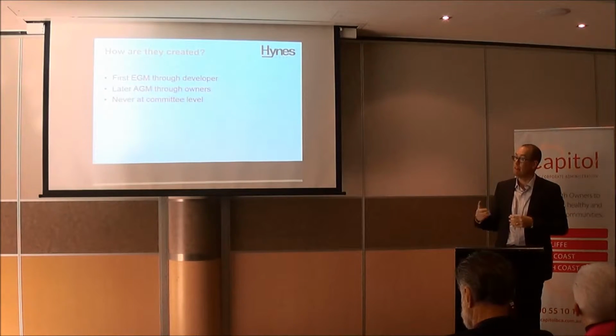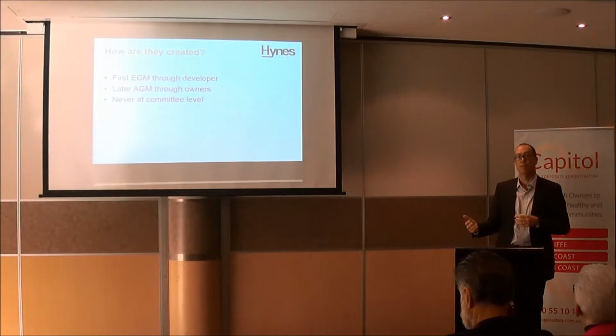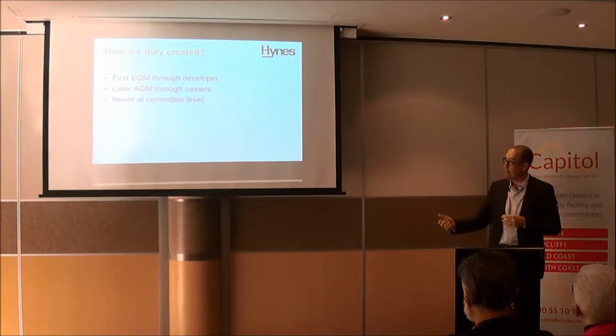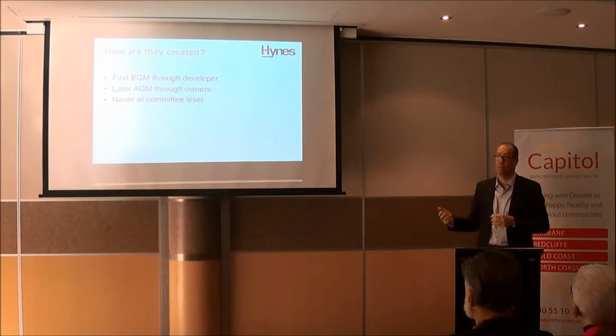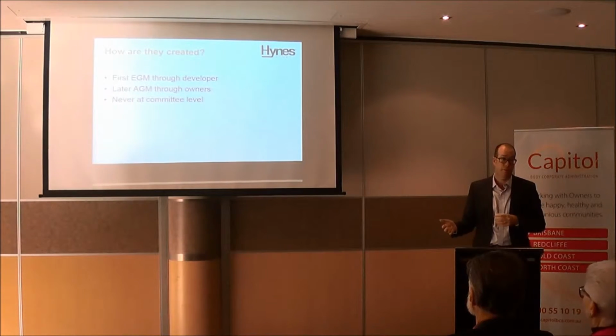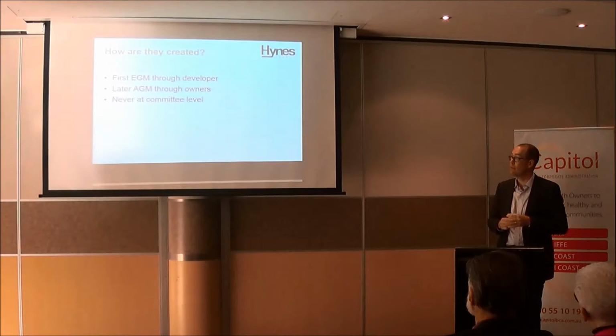And the developer will cause the body corporate, when it comes into existence, to enter into those agreements. After that, once owners are actually in control, it's up to the body corporate itself, owners in general meeting, ordinary resolution, to enter into agreements or to bury them. So it always needs that endorsement from owners.